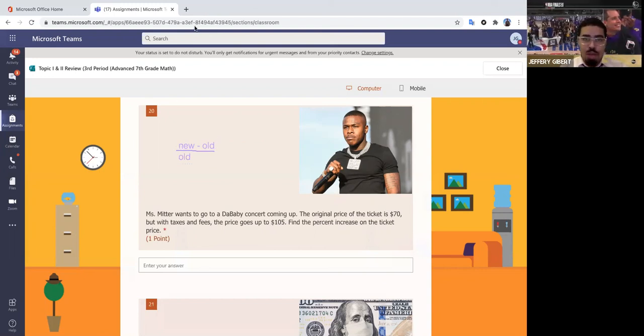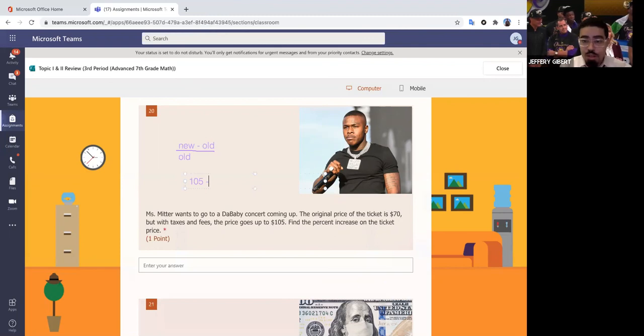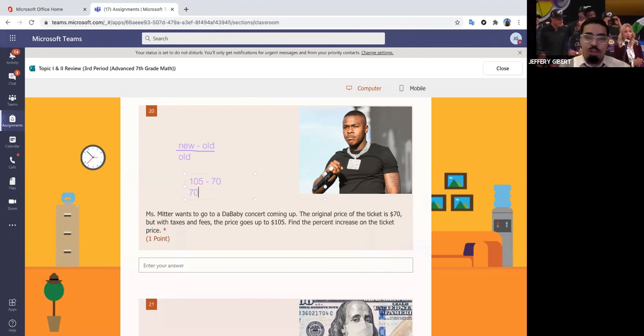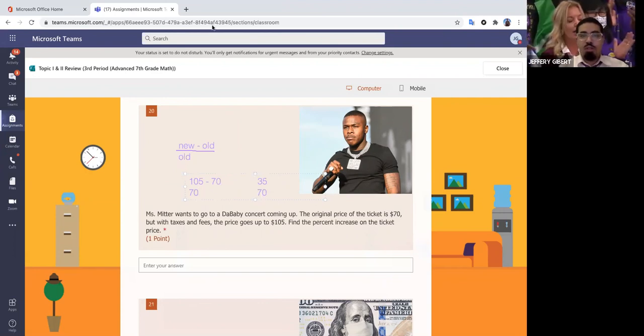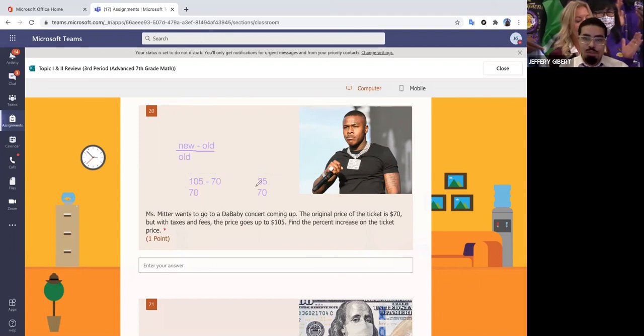So that means the price went up to 105. So 105 minus the old price, which is 70, divided by 70. And 105 minus 70 is 35. So you have 35 over 70. So you just do the top divided by the bottom.